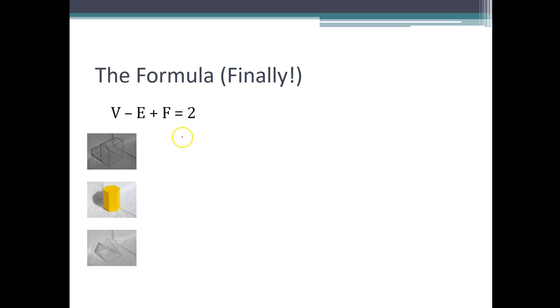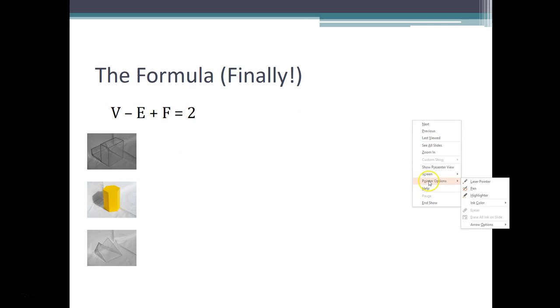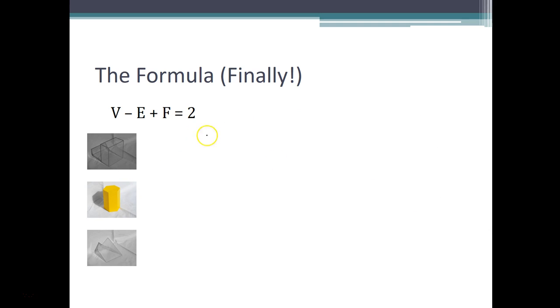Okay, let's take this right rectangular solid, for example. This box has 1, 2, 3, 4, 5, 6, 7, 8 vertices. 8 of those little sharp corners.